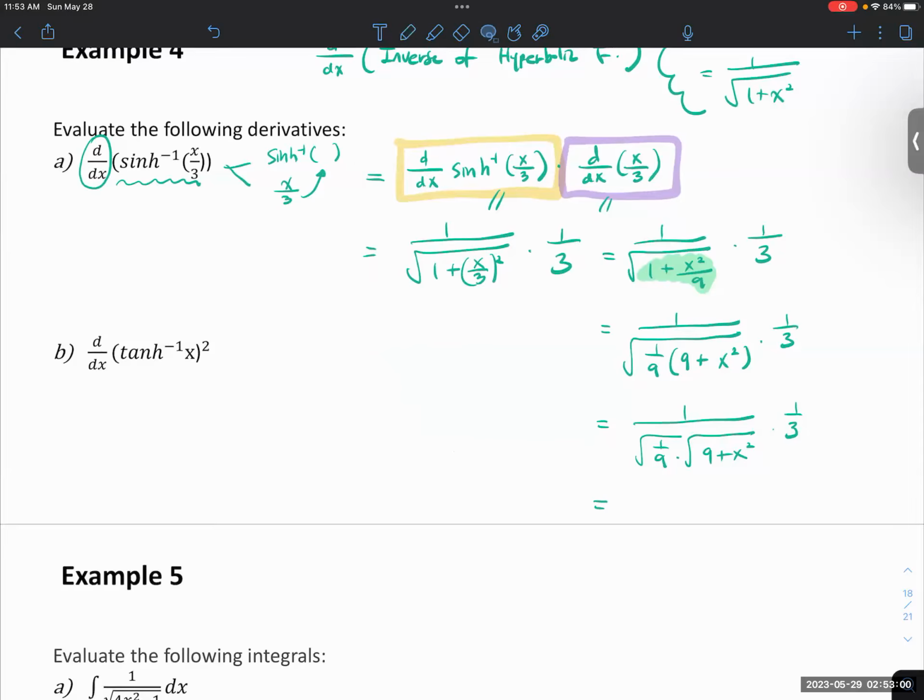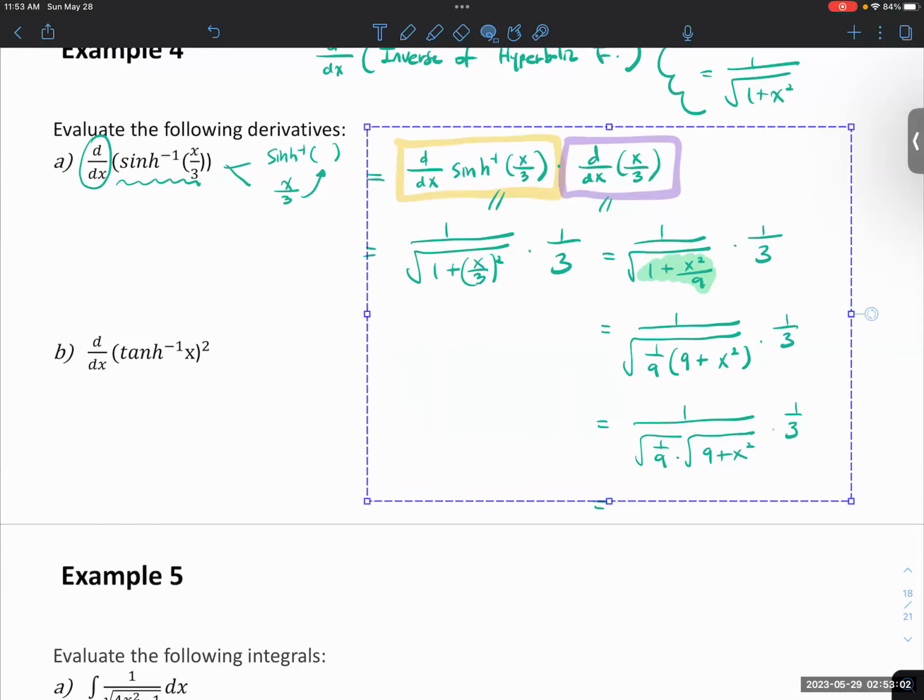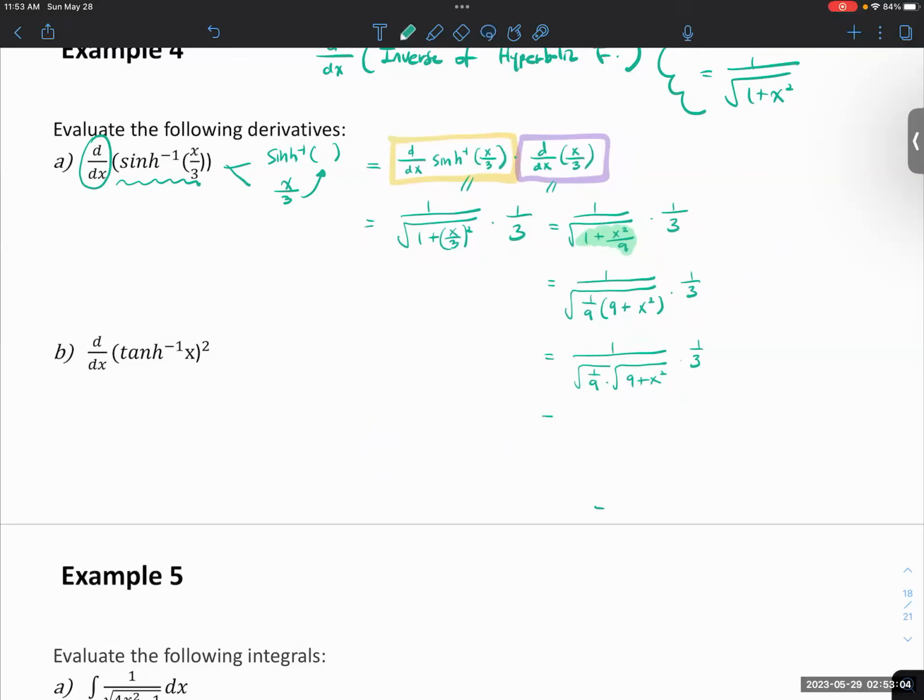This is 1/9 with the radical. This is going to be 1/3, 9 plus x squared to the 1/3. So what happened? The 1/3 bottom and top cancel. We have 1 over radical 9 plus x squared.